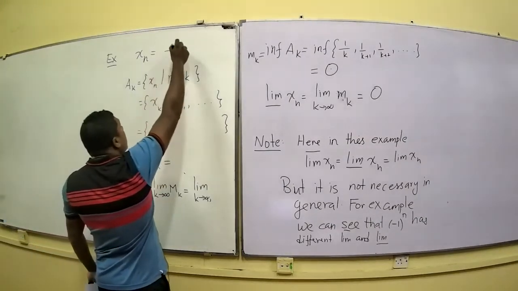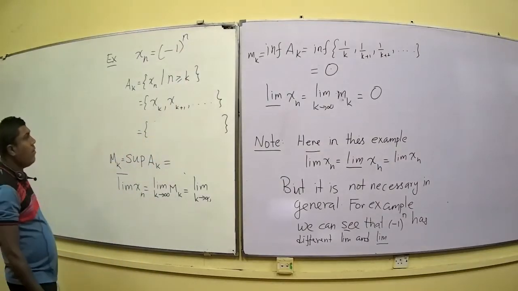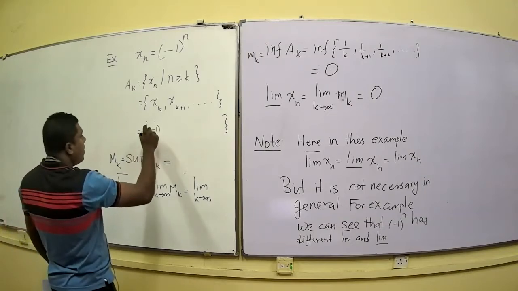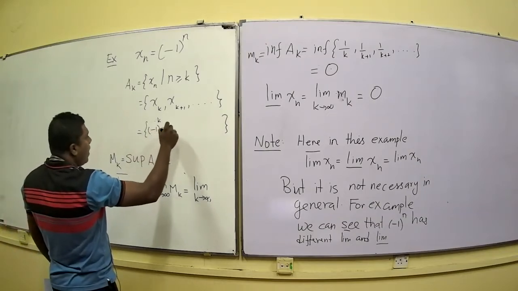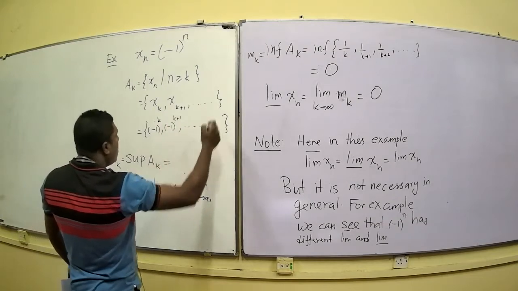So let me take that example, (-1)^n. Then you define the set a_k, that is (-1)^k, (-1)^(k+1), and so on.